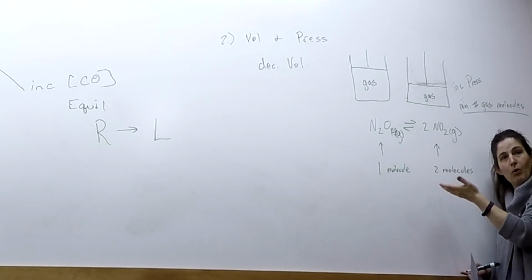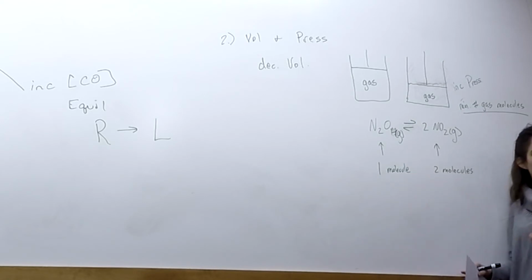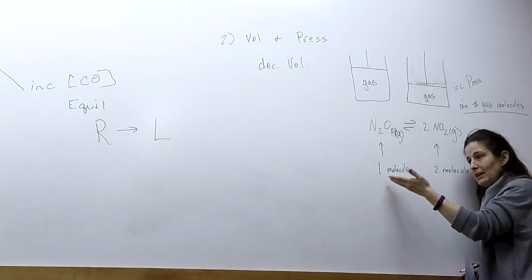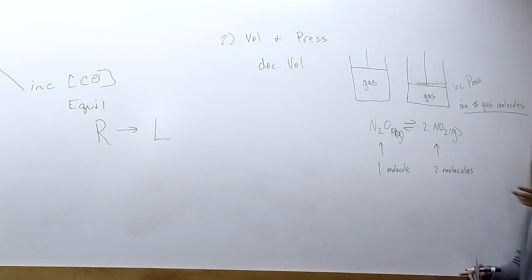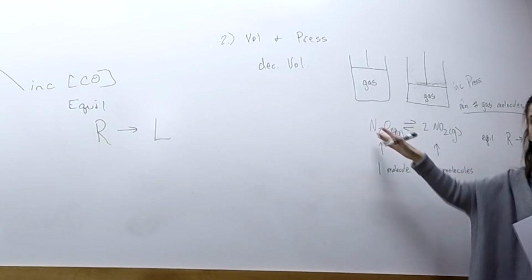Which way will it go? Towards the one molecule, right? To make less space available, have fewer molecules in it. So for equilibrium, the shift is going to be from the right to favor the left. So we're going to get more of the reactants.